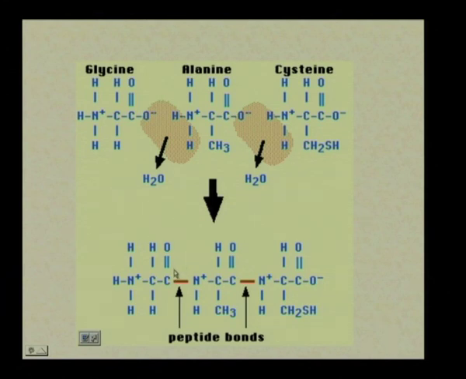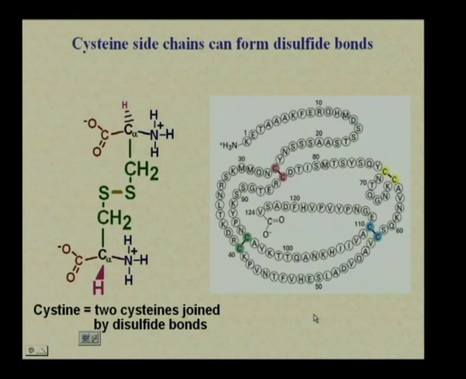Here, as you can see, this is glycine because it has 2 hydrogens, this is alanine because it has just the methyl group attached to it, and this is cysteine because it has the SH group attached to it. And we found out also that this cysteine amino acid can form what is called a disulfide linkage.